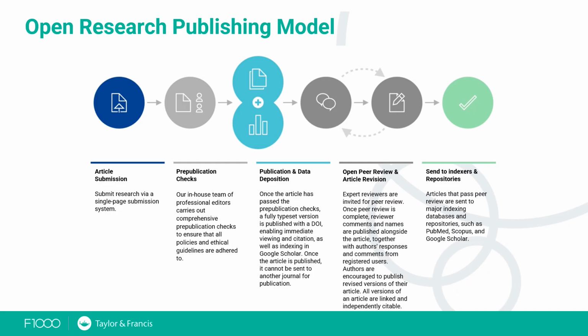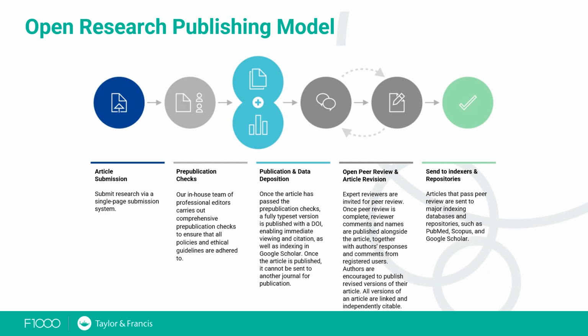Assuming that your article passes those checks, it will be published on our platform. At that stage, your article will receive a digital object identifier, or DOI, which is a persistent link, meaning it can then be cited at that stage. It will also be indexed in Google Scholar and available on our platform for all to access.